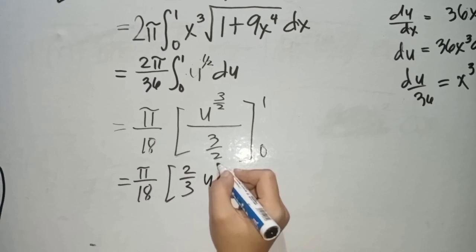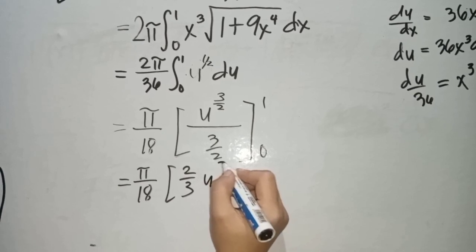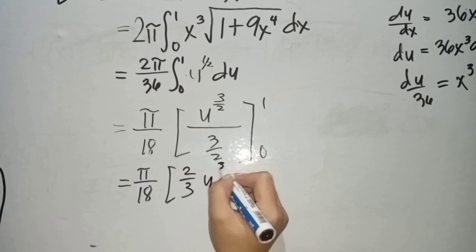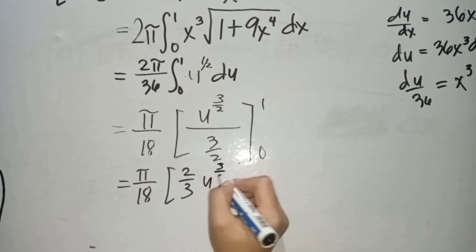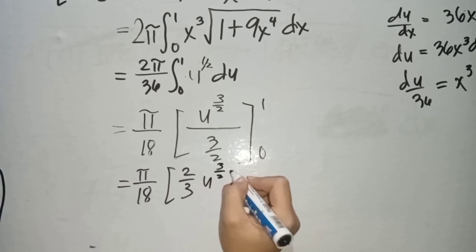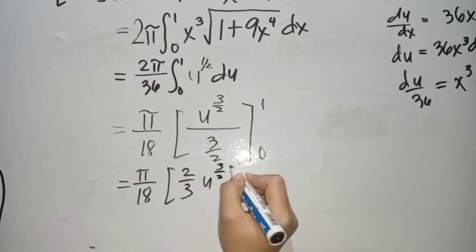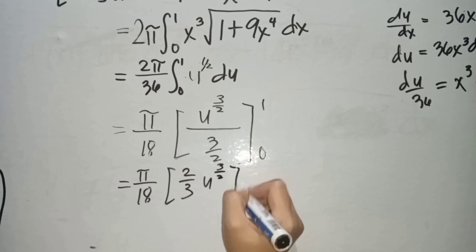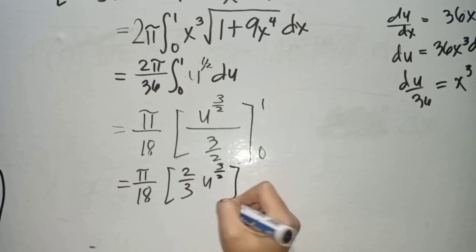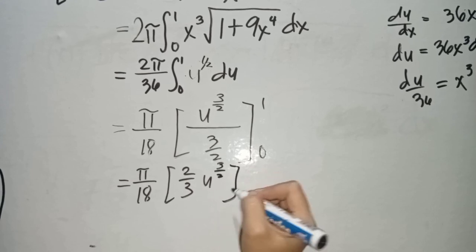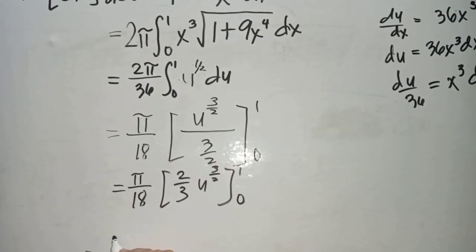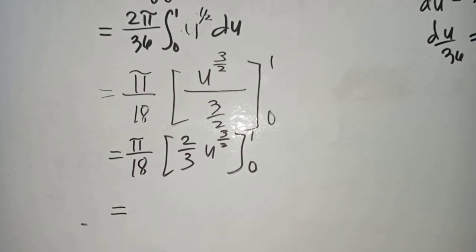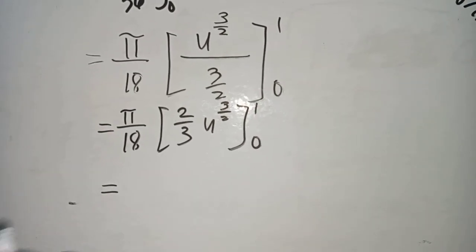Then remember that dividing by a fraction is the same as multiplying by the reciprocal of that fraction, so instead of dividing by 3/2, we can multiply by 2/3. This will be equal to π/18 times 2/3 times u^(3/2), evaluated from 0 to 1.